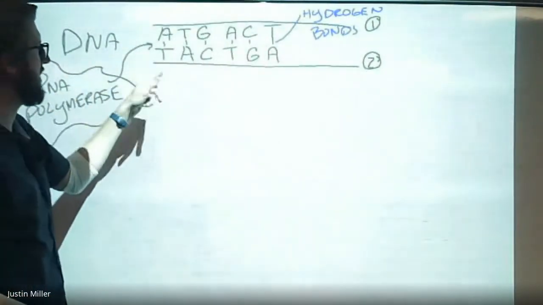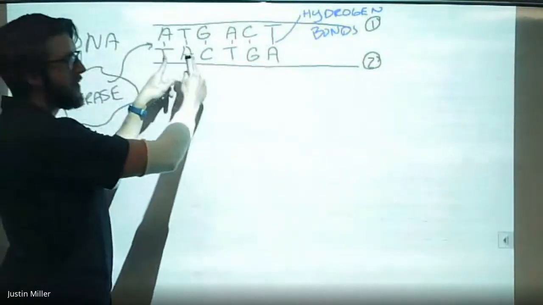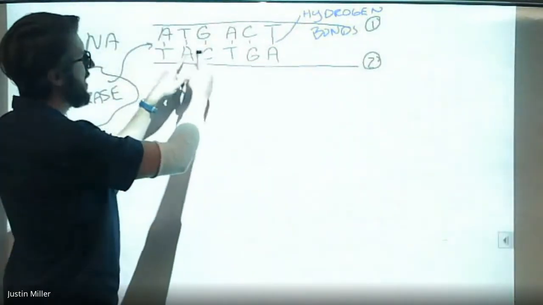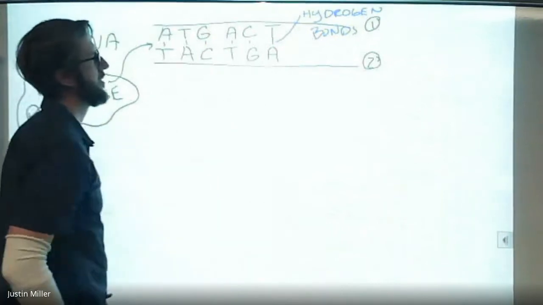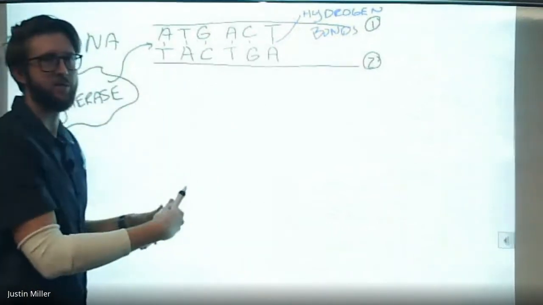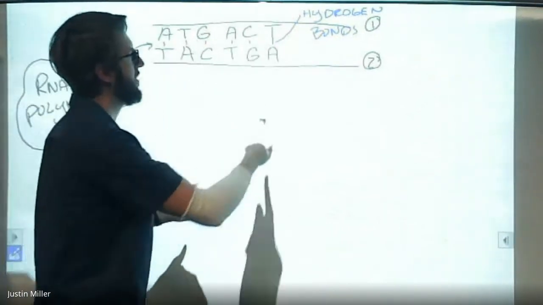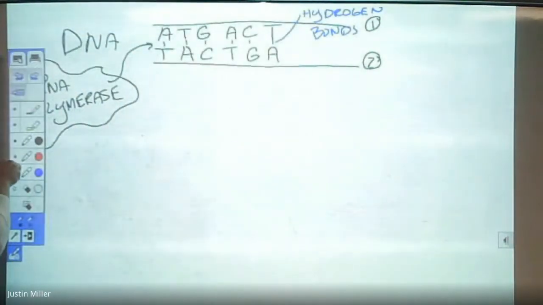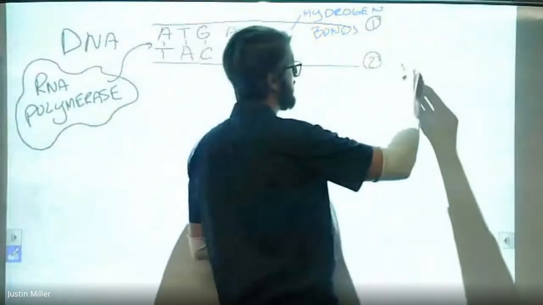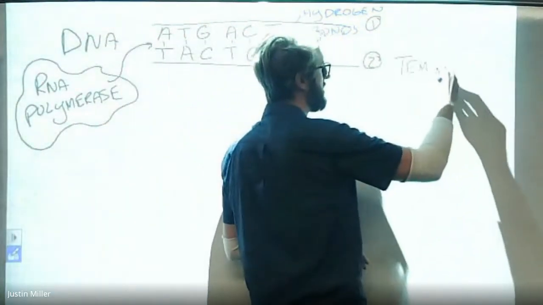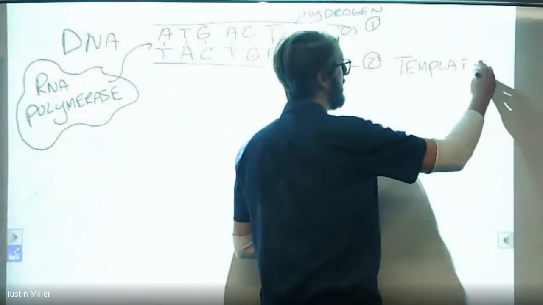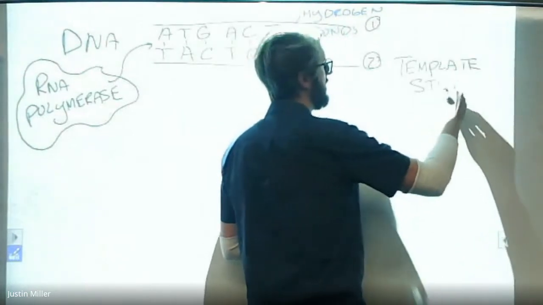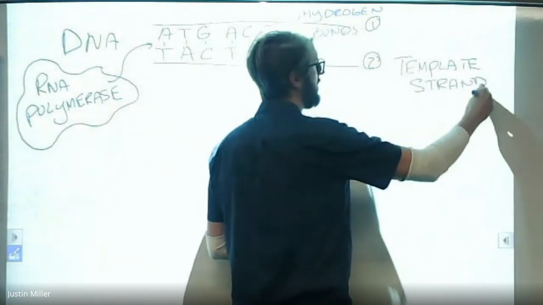As it does that, it's going to read each nucleotide on the DNA strand and print off an RNA complement. First of all, the strand of DNA that gets read is called the template strand. Let's say strand number 2 is the template strand. That's the one that's going to get read and copied.